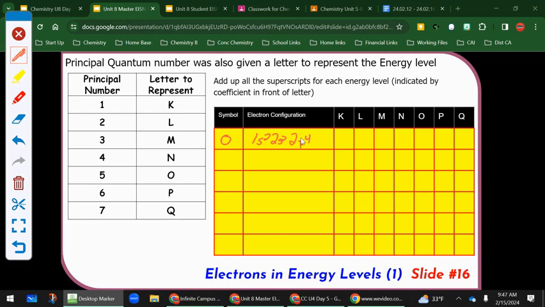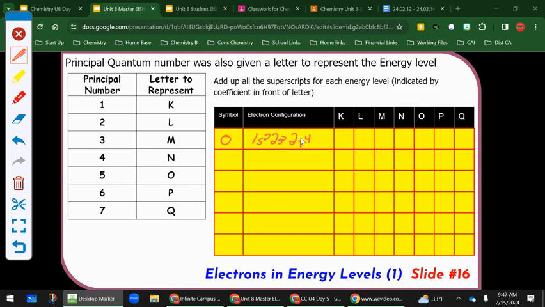Which energy level is the 1 principal quantum number? The first principal quantum number represents the what? This is like the address analogy, right? The energy level. So what energy level is the first? The first! So how many electrons are in the first energy level of oxygen?